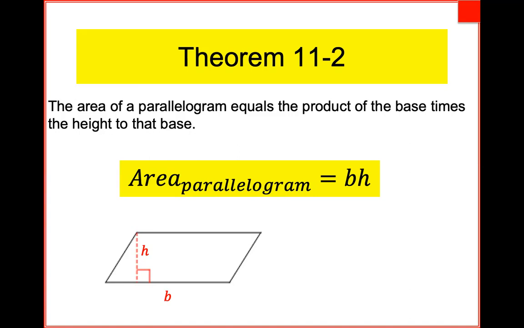Well, that's a pretty convenient formula. Not too hard to understand or to use, base times height. You've done this many times in 7th and 8th grade. We okay to move on? McKinley? I think so. All right.